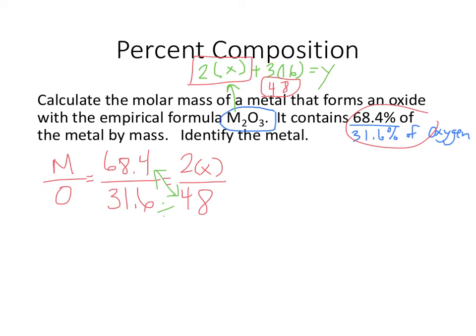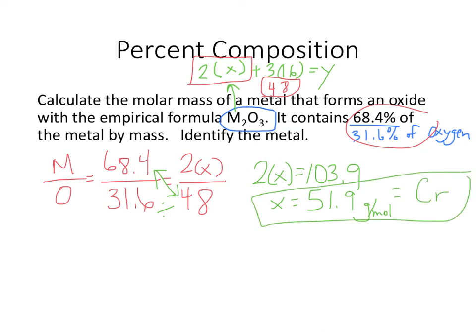And so I end up with 2 times X is 103.9. I'm actually looking for an individual X, the mass of one single M atom, so divide both sides by 2, and I get that one single one of these atoms is 51.9 grams. So if you look off the periodic table, 51.9 grams per mole is the mass approximately of chromium. So that means my metal is chromium.